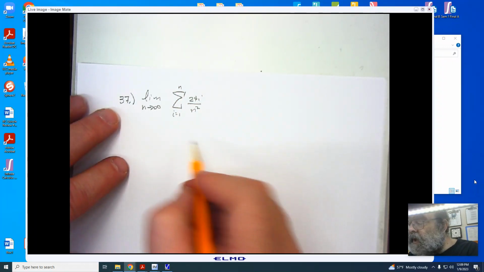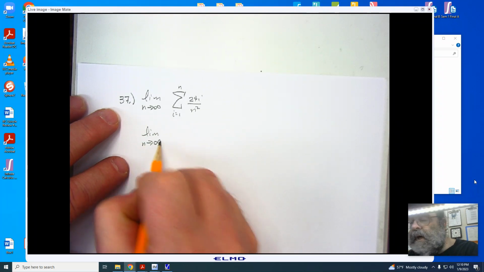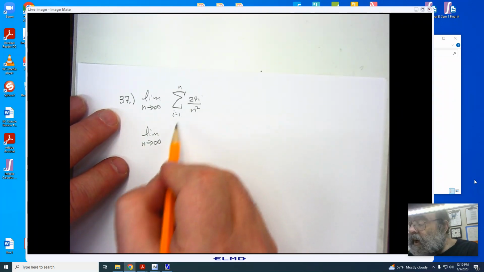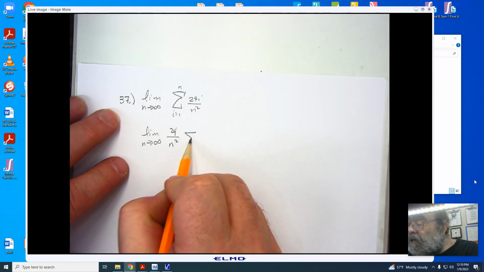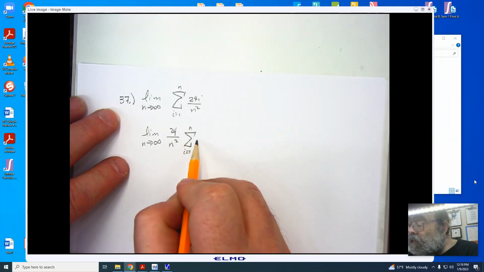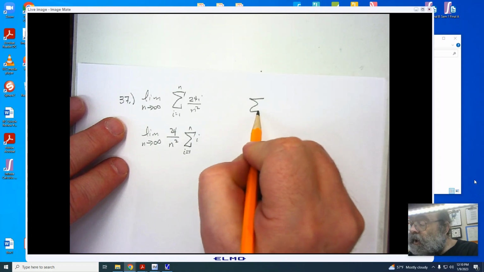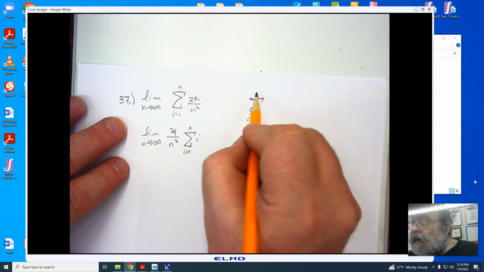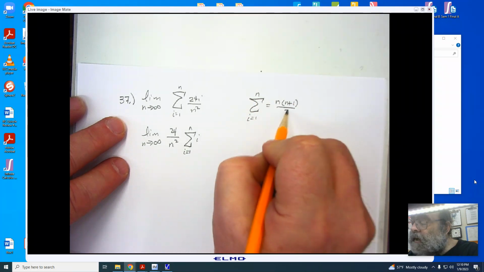So you'll notice the first thing I'm going to do is say that this is the limit as n approaches infinity, and I'm going to make sure that I take out the 24 and the n squared, leaving me with only the i term. Now we know that the summation as i goes from 1 to n is n times n plus 1 divided by 2.